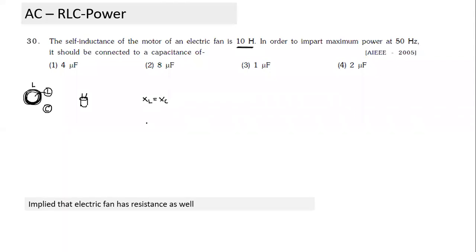What is the assumption we are making? It is implied that the electric fan has a resistance as well. This is inductance and this has resistance also. To achieve maximum power, the rest is simple understanding of AC circuits. Initially the circuit has a certain power consumption.